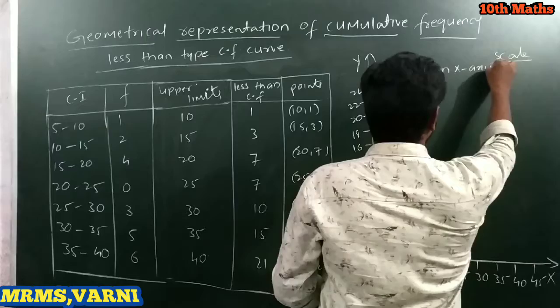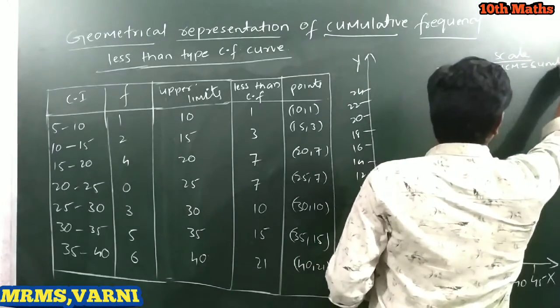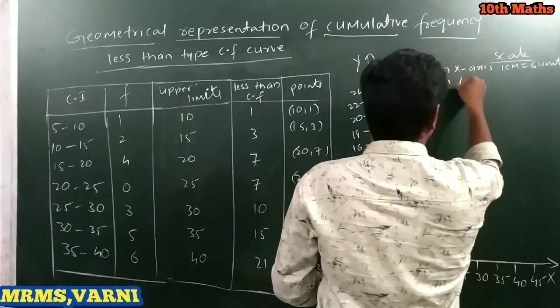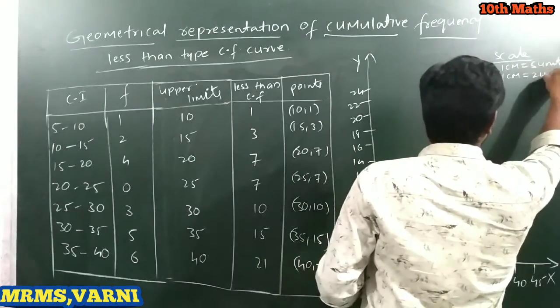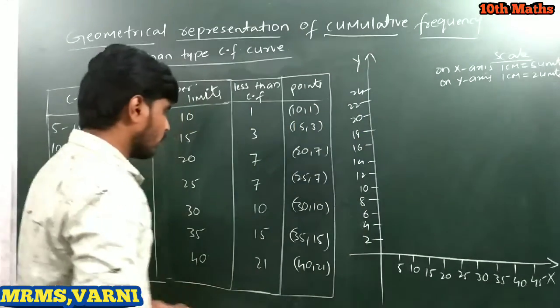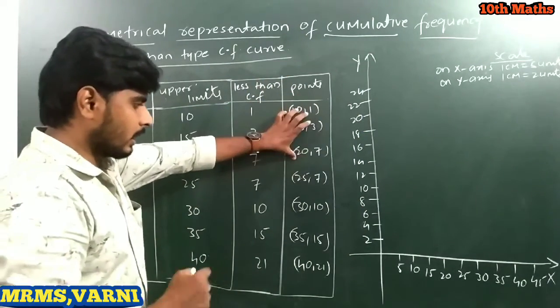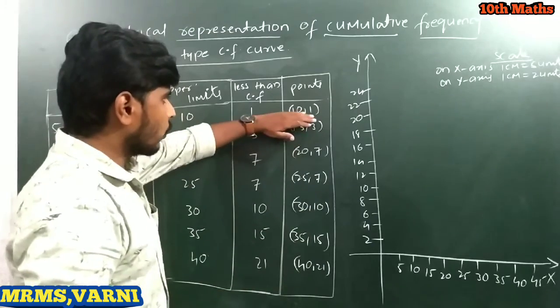So write down here. On x-axis, 1 centimeter equals 5 units. On y-axis, 1 centimeter equals 2 units. Now we have to locate these points on the graph and join them.